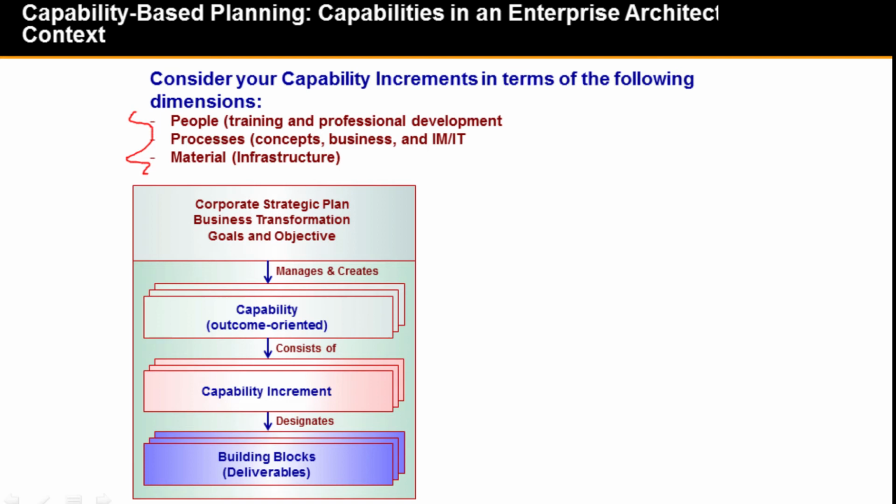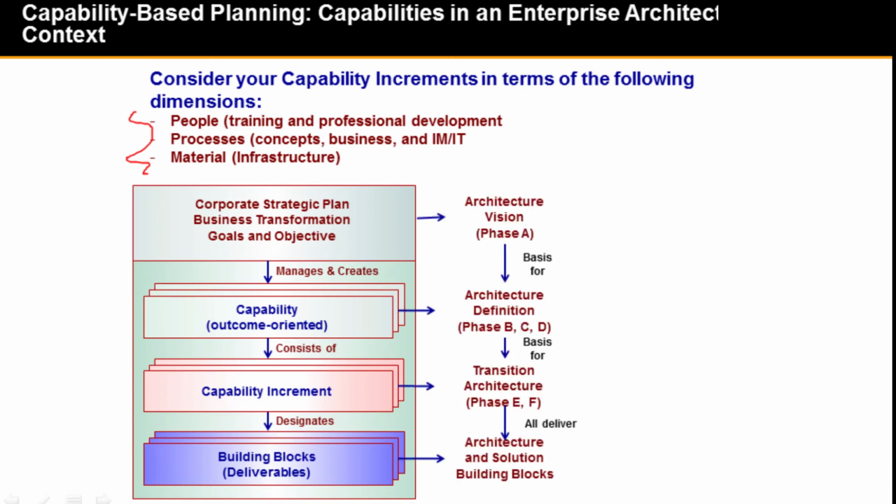As you go through the architecture development method, you're going to notice that we are establishing a lot of the strategic visions, strategic plans, goals and objectives as part of your Phase A, or the vision phase, which is going to dictate what is going to be needed in the rest of the ADM. This is going to manage and or create your capability, which is a collection of different increments and eventually a bunch of deliverables as a result.